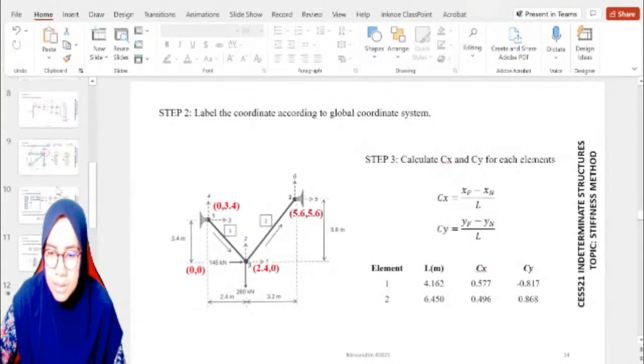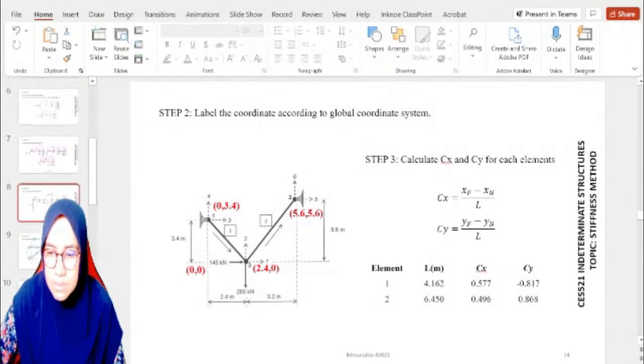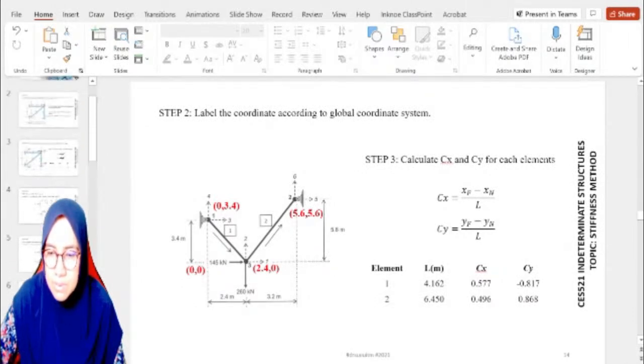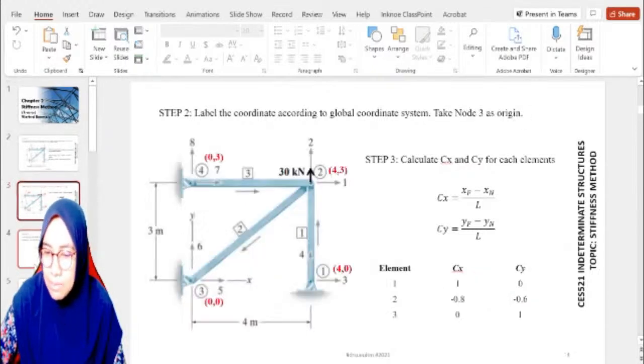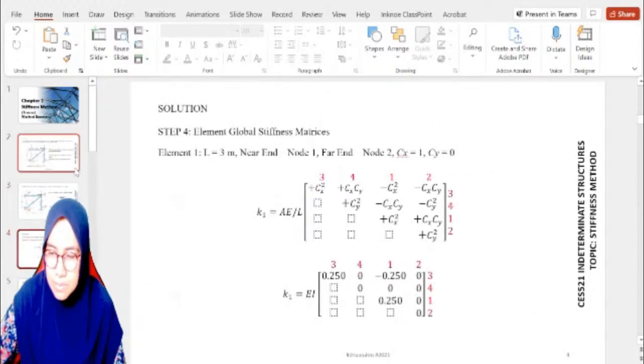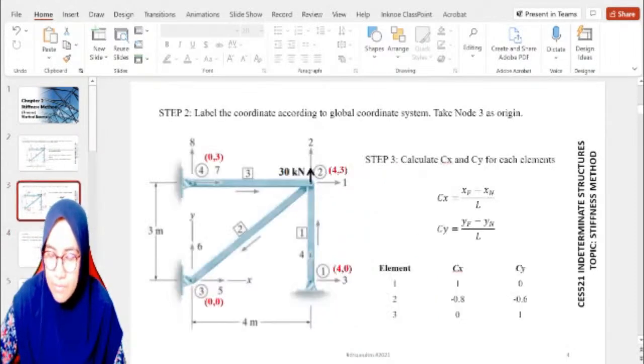I want to refer to this because I want to take this format.